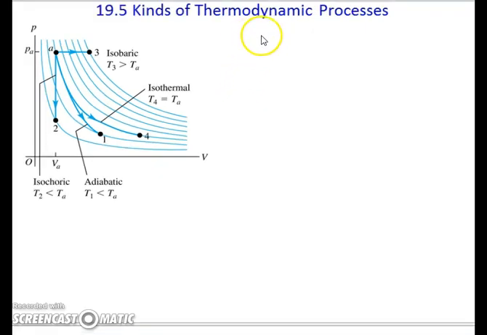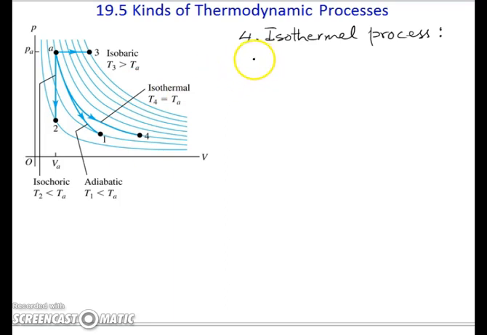And the fourth process is called the isothermal process, and this is a process where temperature does not change.